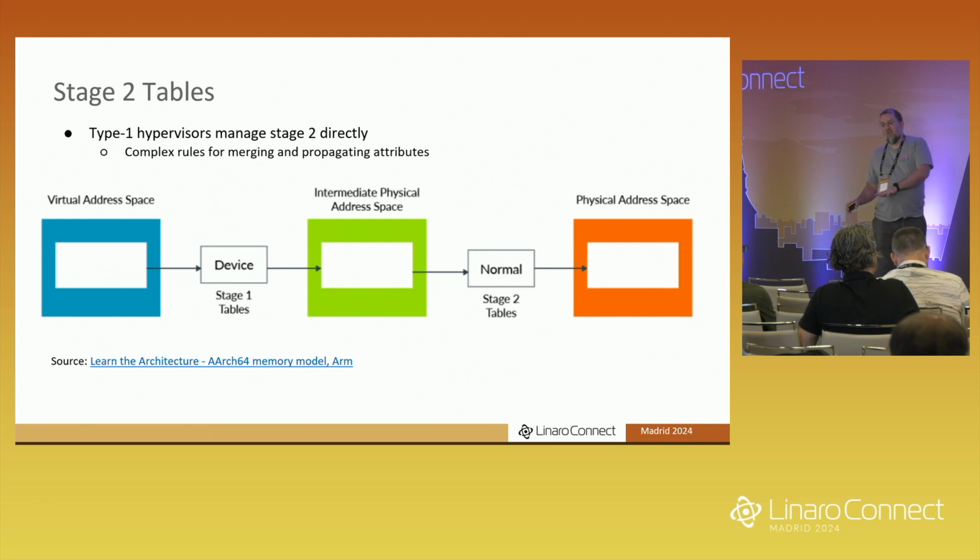The hypervisor handles stage 2, and the kernel handles stage 1. And you have to take care with that. There is an additional complexity. It's not a simple case of adding all the attributes together. Depending on what you're doing, the device attributes with the strictest memory type would win, whether it's defined in stage 1 or stage 2. But those rules can be reversed when you're dealing with things like read and write permissions.